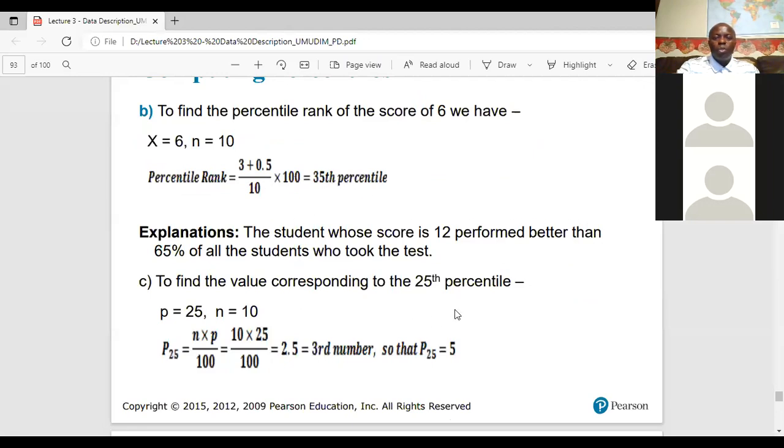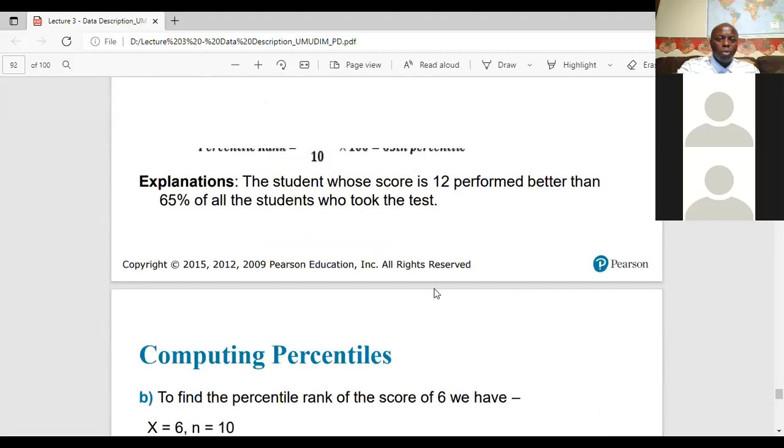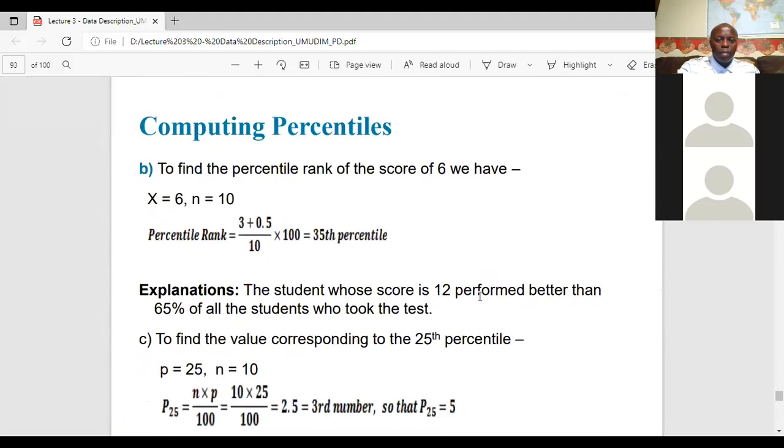Which means that the student whose score is 12, actually whose score is 6, I wrote 12 by mistake, performed better than 35%. This is 35%, not 65%, of all students who took the test. So a student whose score is 6 did better than 35% of all the students who took the test. The 12 and 65% are typos, so don't use those.